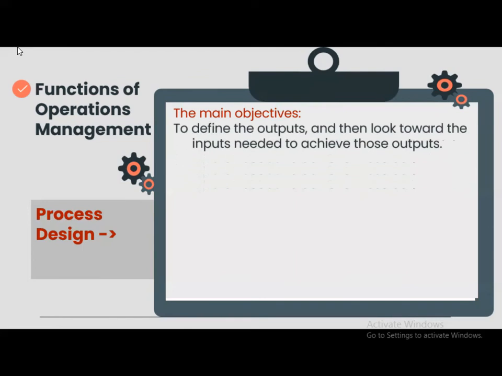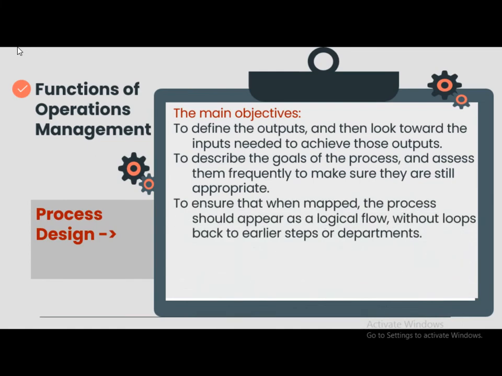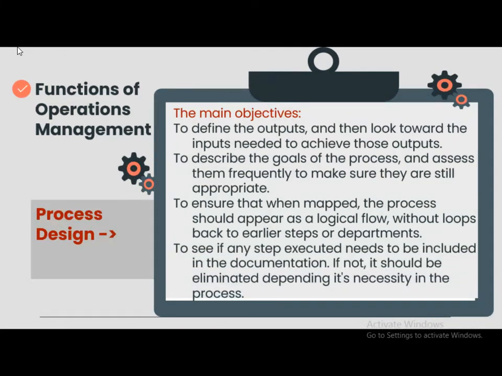Main objectives of process design are as follows: to define the output and then look forward and towards the input needed to achieve those outputs, to describe the goals of the process and assess them frequently to make sure that they are still appropriate, to ensure that when mapped, the process or processes should appear as a logical flow without loops back to earlier steps or departments, and to see if any step executed needed to be included in the documentation, and if not, it should be eliminated depending upon its necessity in the process.